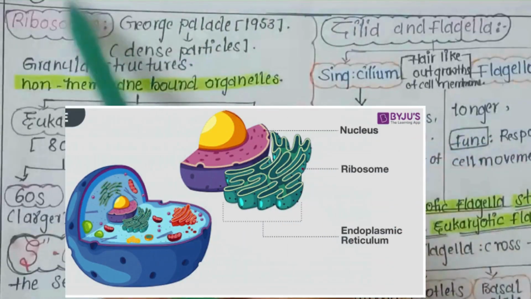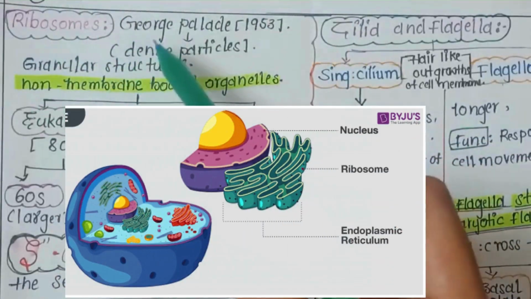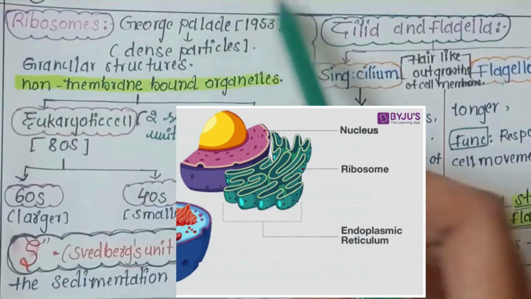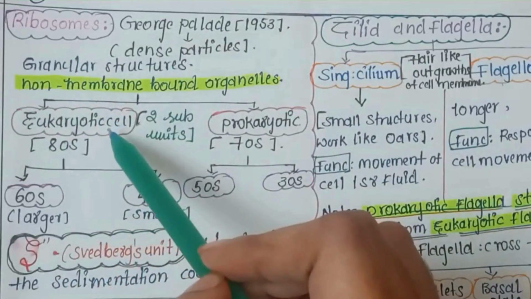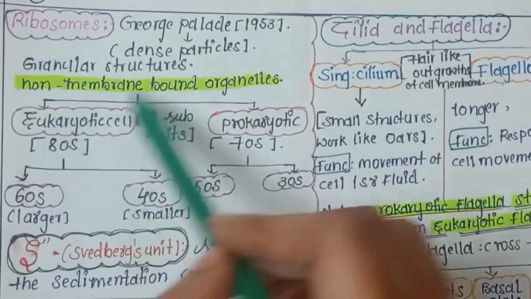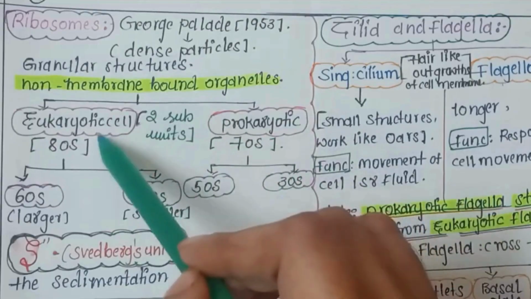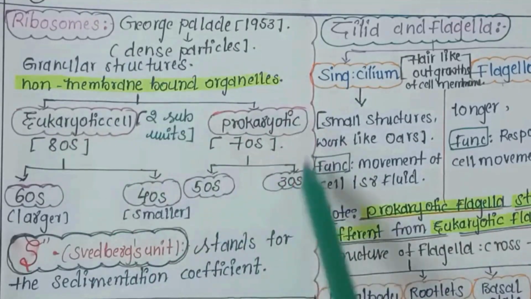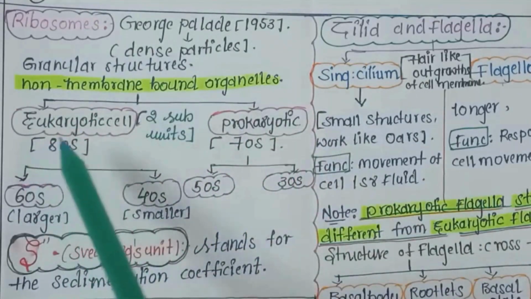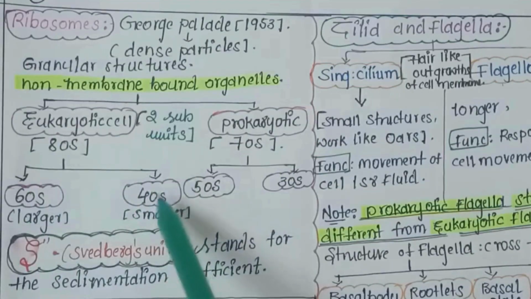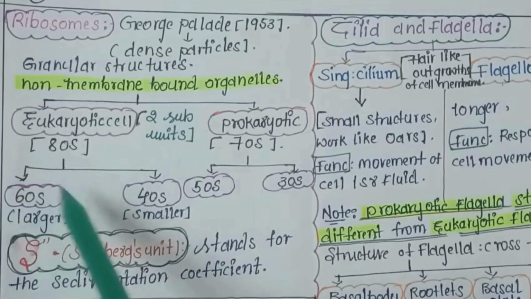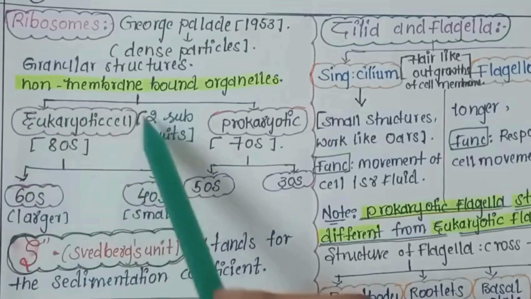Let's discuss ribosomes. These were observed by George Palade in 1953 as dense particles. These are non-membrane bound organelles which are present in both prokaryotic and eukaryotic cells as 70S and 80S ribosomes. They have two subunits, a larger subunit and a smaller subunit, which are 60S and 40S in the eukaryotic cell.